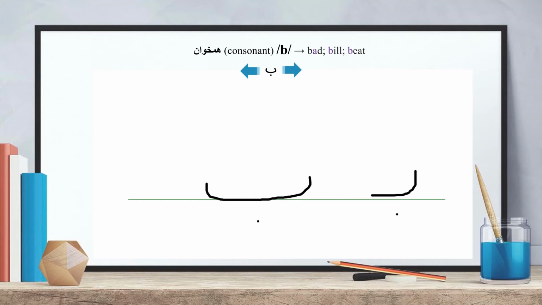And when it comes at the end of a word, we start from top to bottom, then from right to left, but this time we extend it. We write it longer than usual. And then at the end of the letter, we just make it upward. Exactly like this. Don't forget, B can be connected to other letters from both sides.